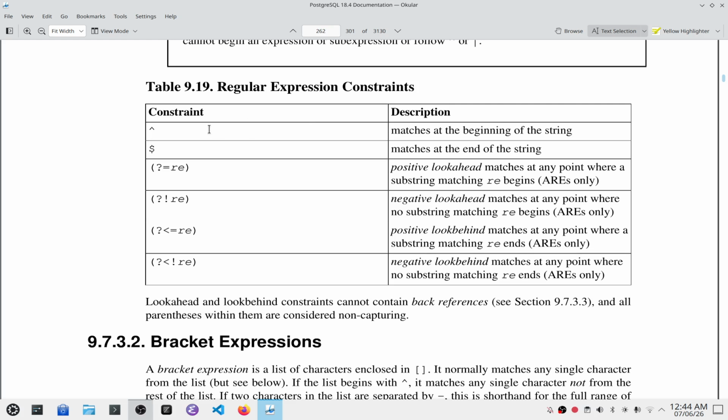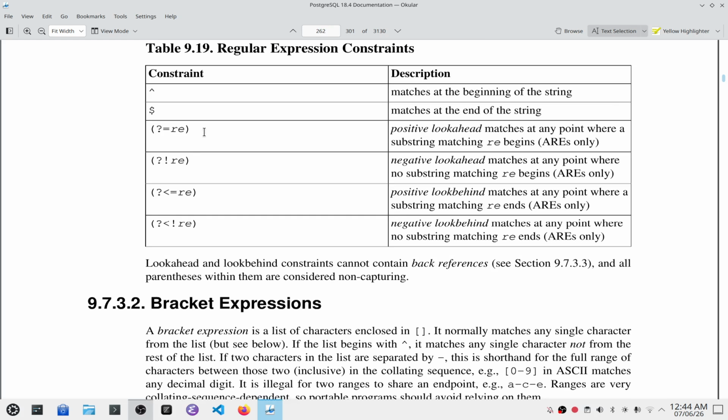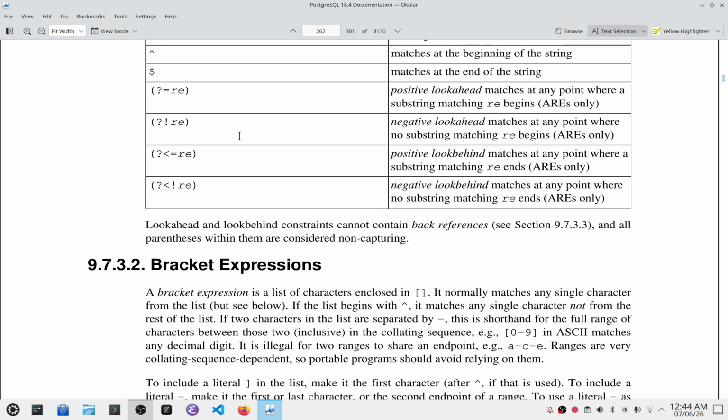Then we have constraints. Caret matches the beginning of string, dollar matches the end of string. Question mark equals V, positive look ahead, matches at any point where a substring matching RE begins. Question mark exclamation mark V, negative look ahead, matches at any point where no substring matching RE begins.